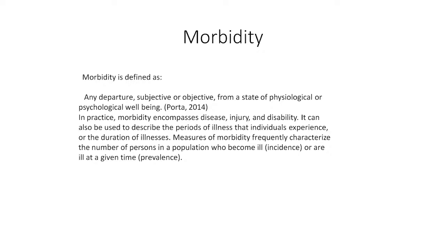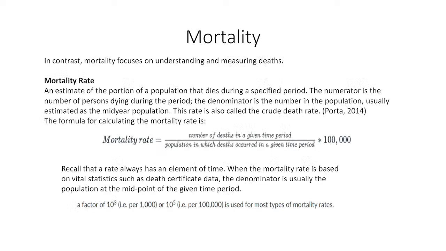Measures of morbidity frequently characterize the number of persons in a population who become ill, incidence, or are ill at a given time, prevalence. Mortality. In contrast, mortality focuses on understanding and measuring deaths.